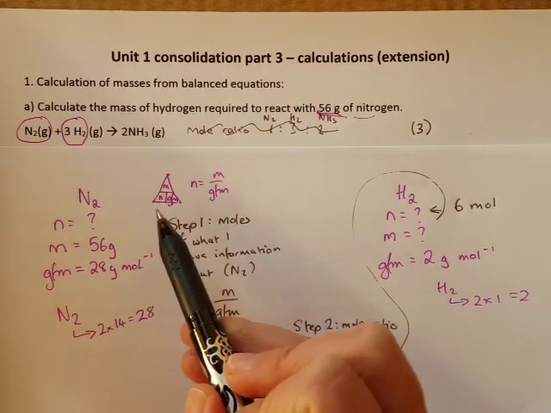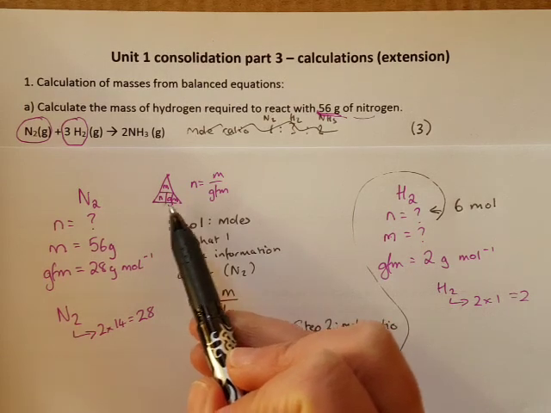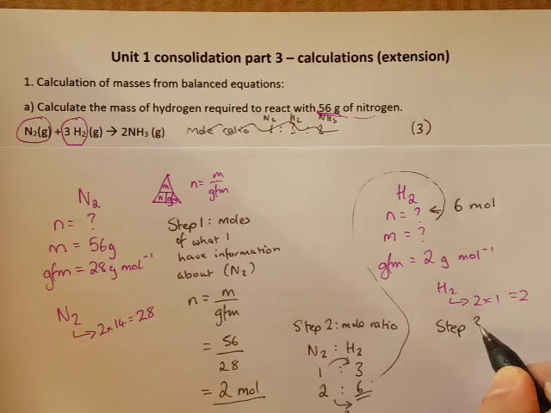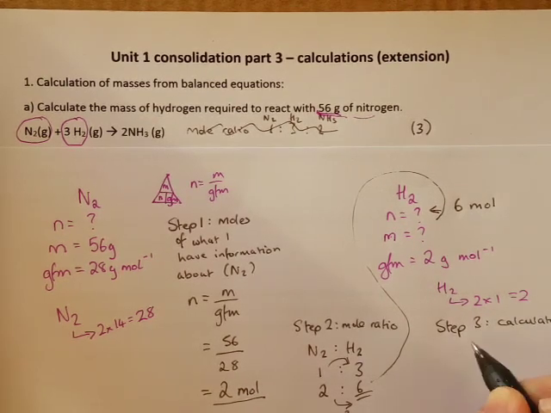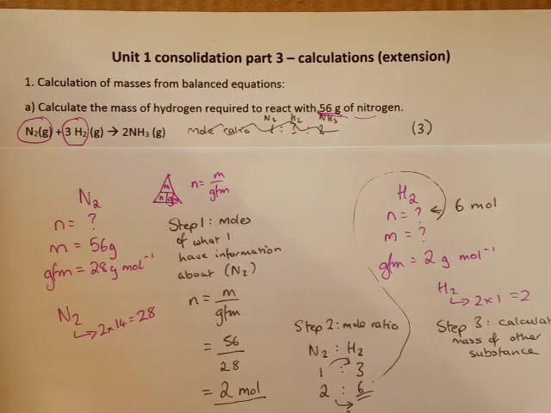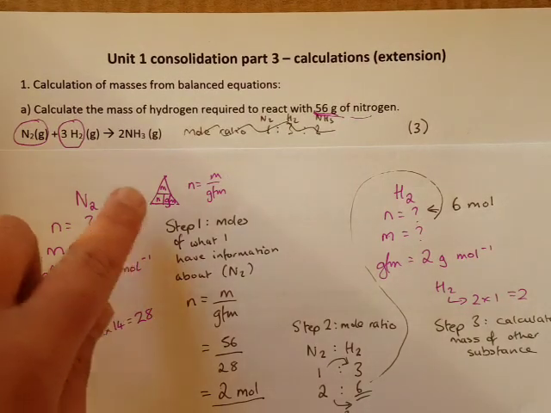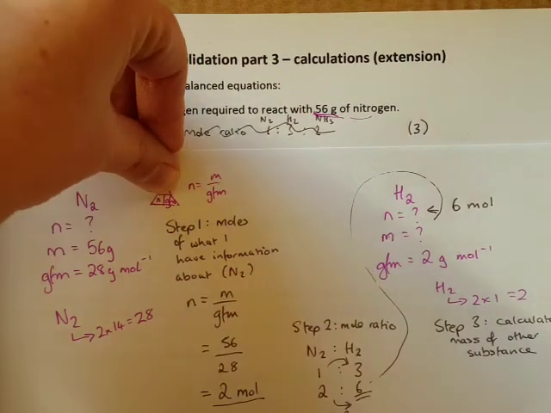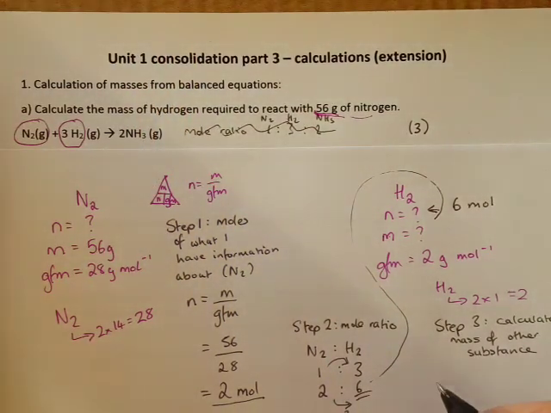Now, I know it's a little bit messy, but I've done my triangle over here. So my final step is going to be to calculate the mass of the other substance in the equation. Either rearranging the equation yourself or just using the triangle, M is on top, so if I cover up M, N and GFM are beside each other, so I need to do M equals N times GFM.